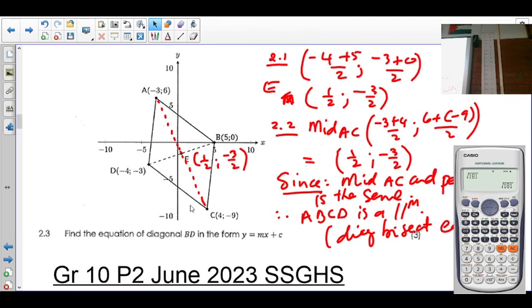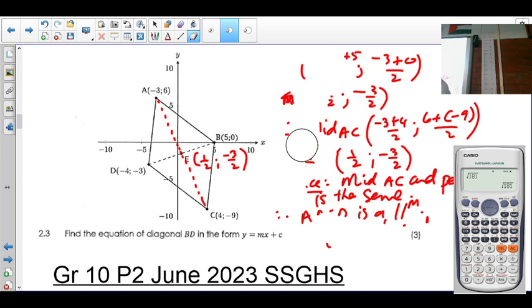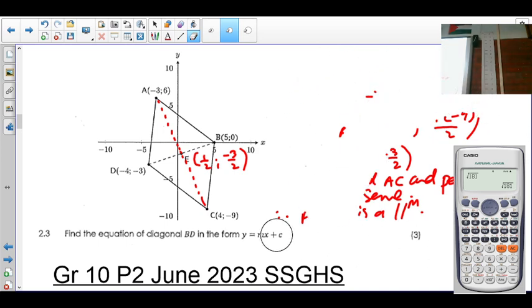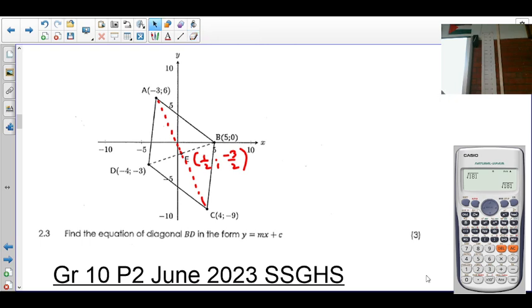Find the equation of diagonal BD in the form of y is equal to mx plus c. So y is equal to mx plus c for BD. I need the gradient, the gradient of BD. Did I calculate that already?